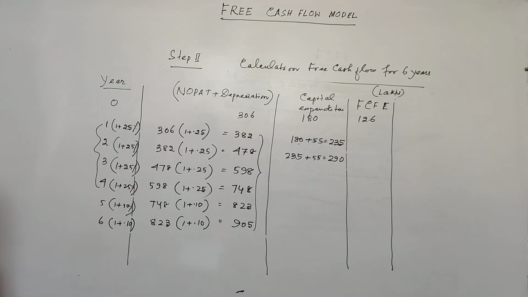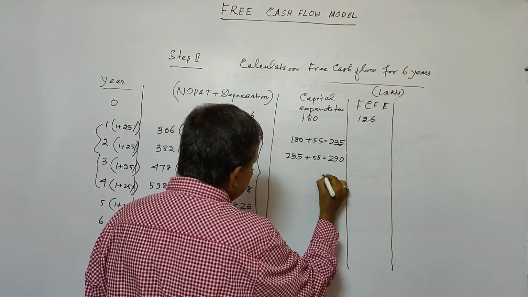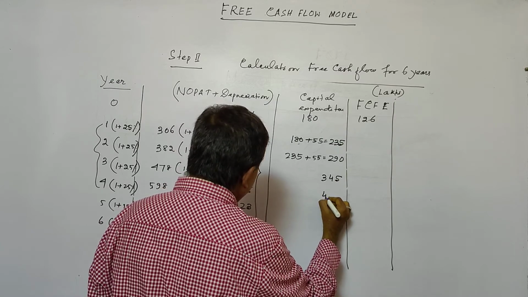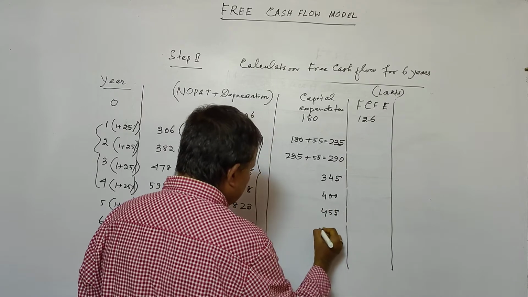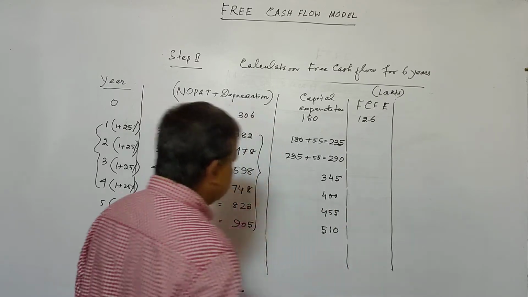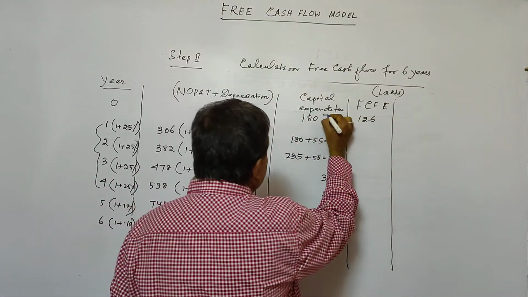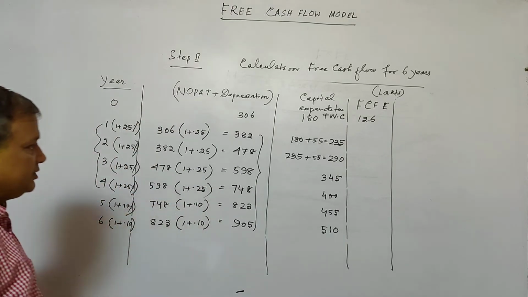So every year there is an increase by 55 lakh. Similarly 345 will be here. This will be 400, this will be 455 and this will be 510. So 510 is the capital expenditure plus working capital increase. This is also working capital increase.